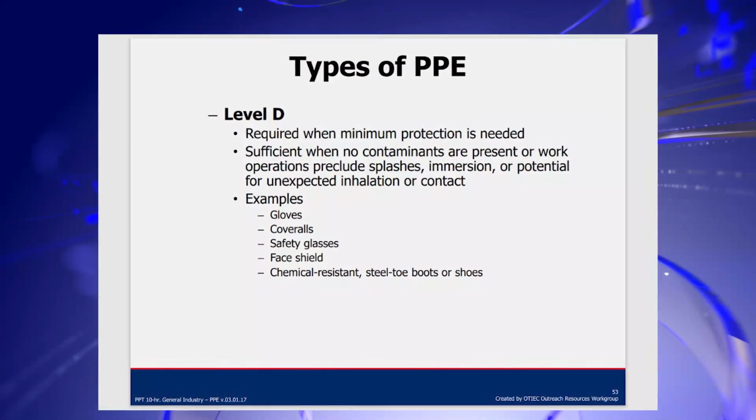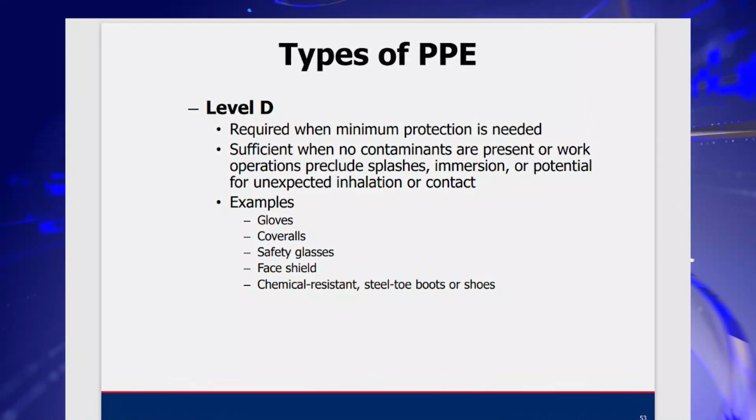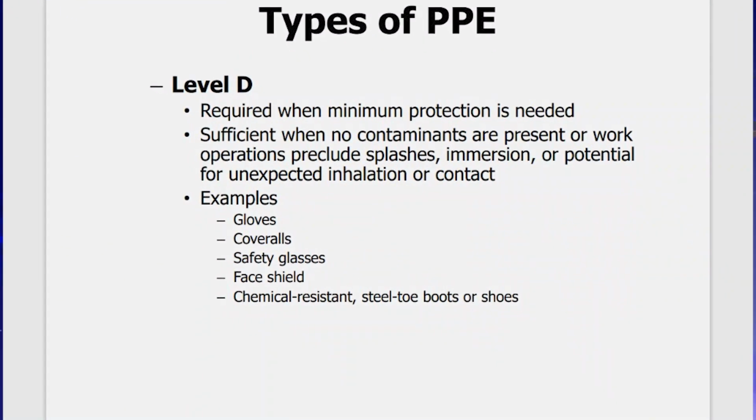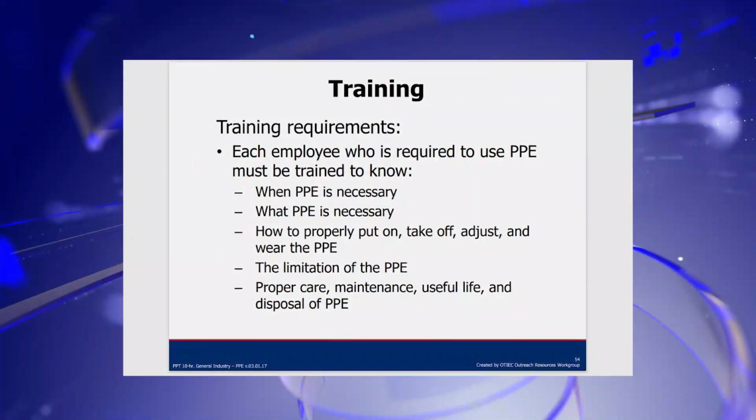Level D. Required when minimum protection is needed. Sufficient when no contaminants are present or work operations preclude splashes, immersion, or unexpected inhalation or contact. Examples: gloves, coveralls, safety glasses, face shield, chemical-resistant steel-toe boots or shoes.